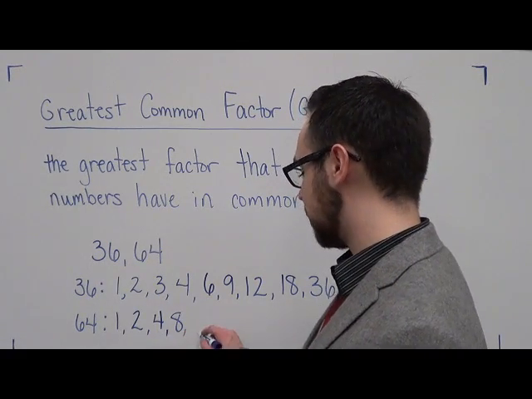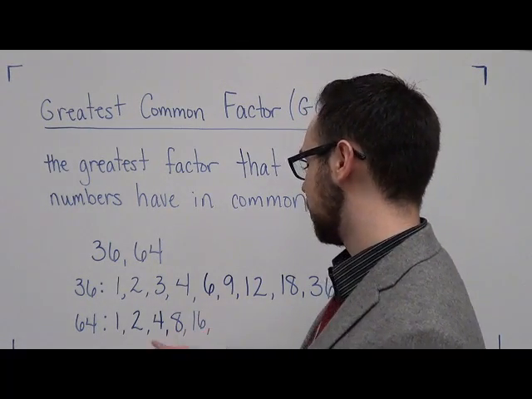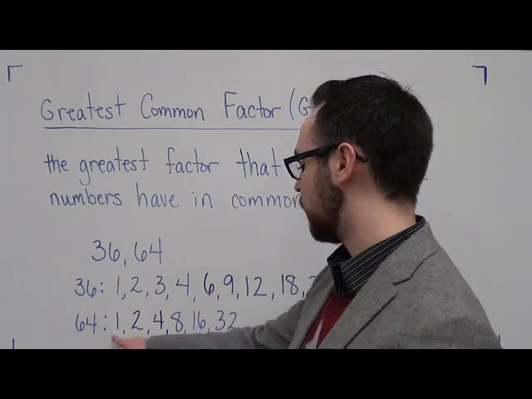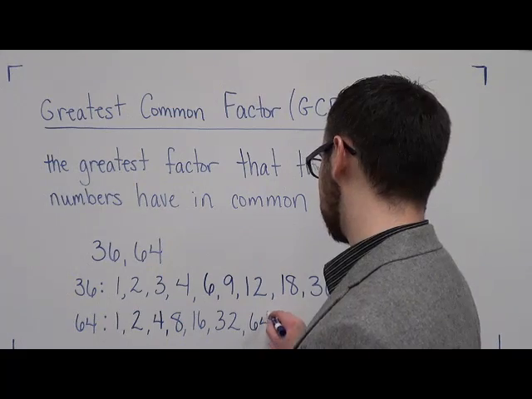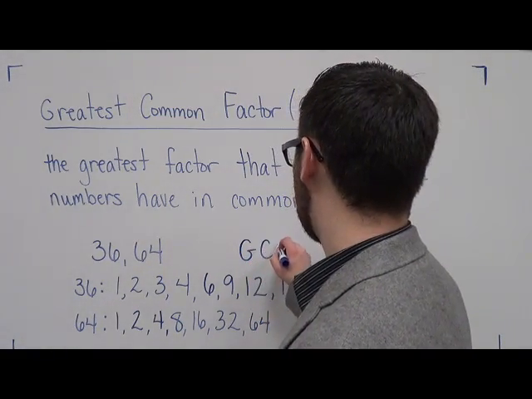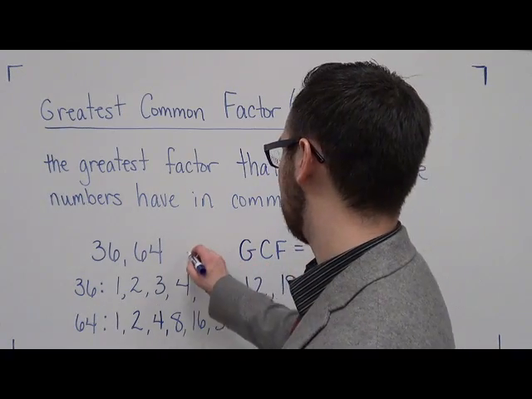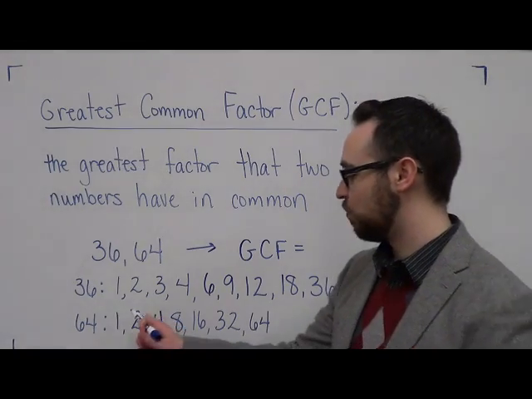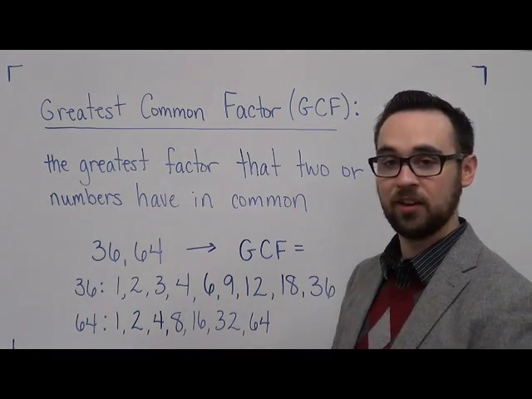4 times what is 64? Well, it's 4 times 16. 2 times what? 2 times 32. 1 times what? 1 times 64. So our question then: what is the GCF between these two numbers? The GCF is going to be the biggest number that they both have in common.